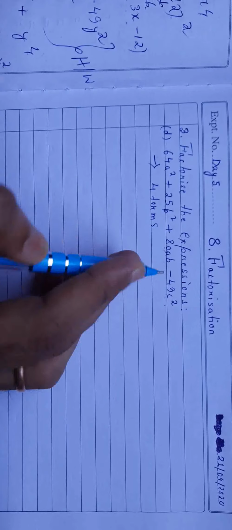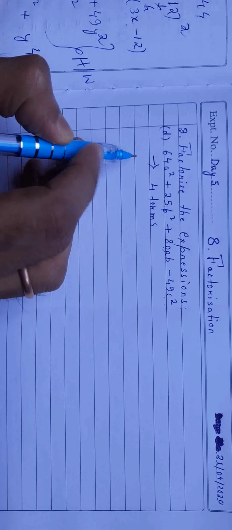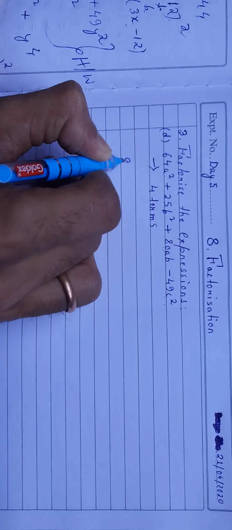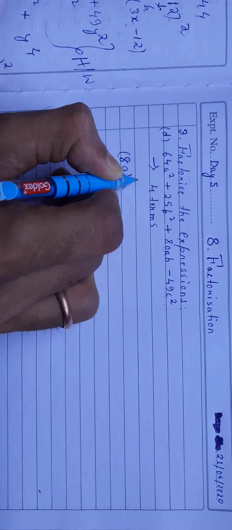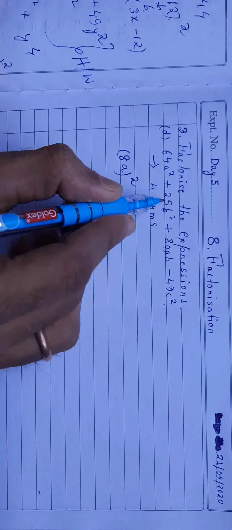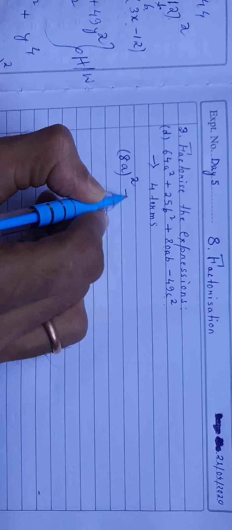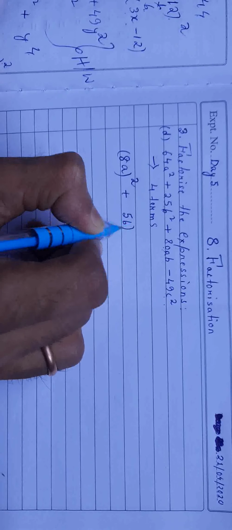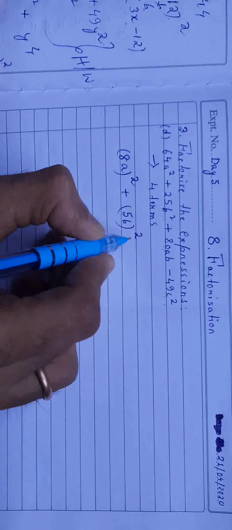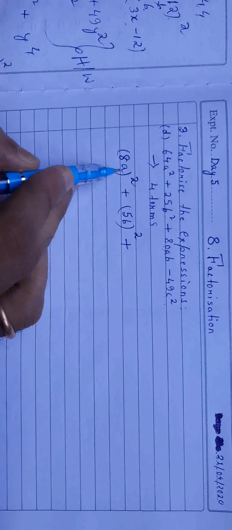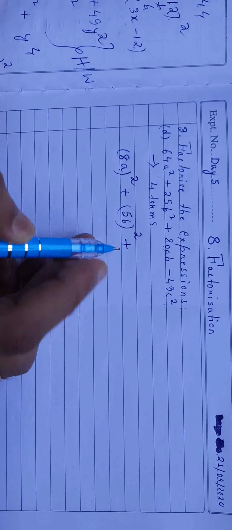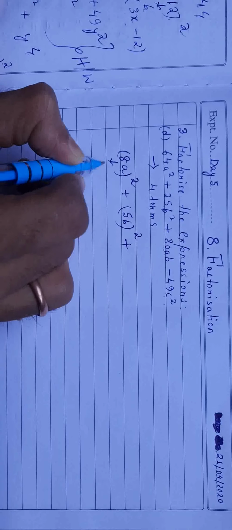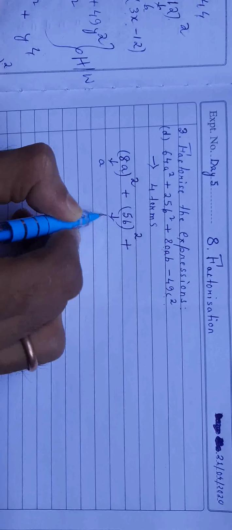That is, the 64a square can be written as 8a whole square plus 25b square can be written as 5b whole square. Now it is a square plus b square, where 8a will be acting as a, 5b will be acting as b.